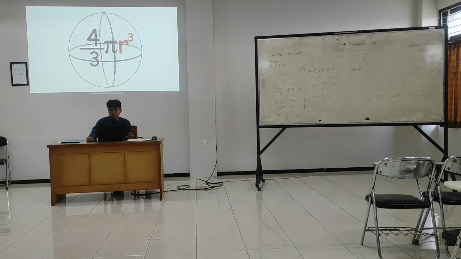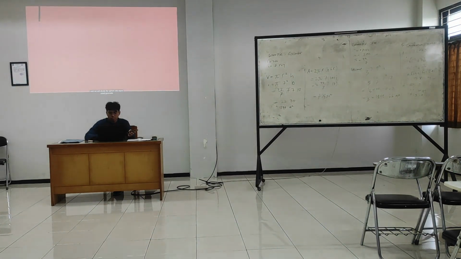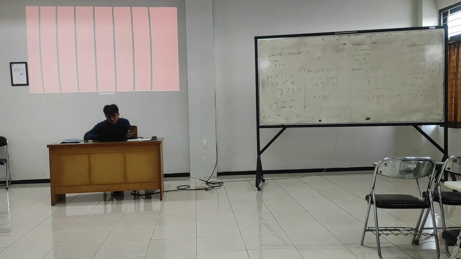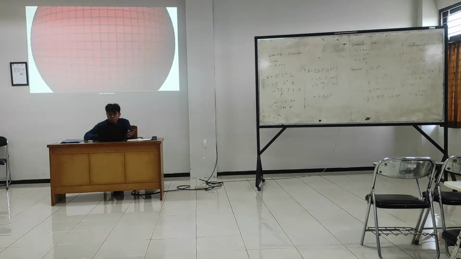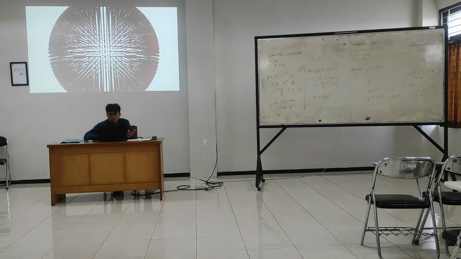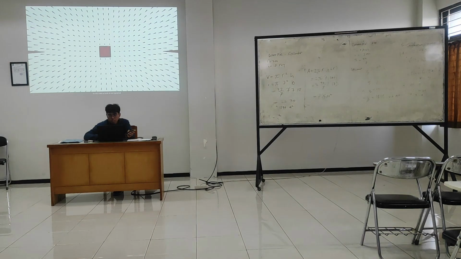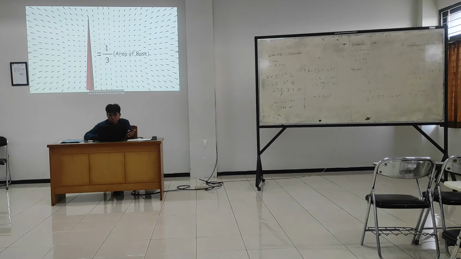But where does the formula come from? First, we'll draw a perfect sphere and fill in its volume. Next, we'll divide the sphere into equal-sized pyramids with square bases. So let's take a look at one pyramid, and remember that its volume is equal to 1 over 3 area of the base times height.